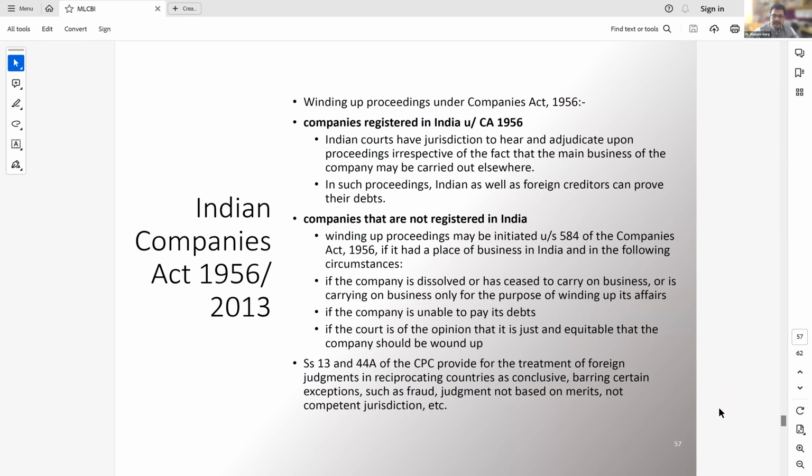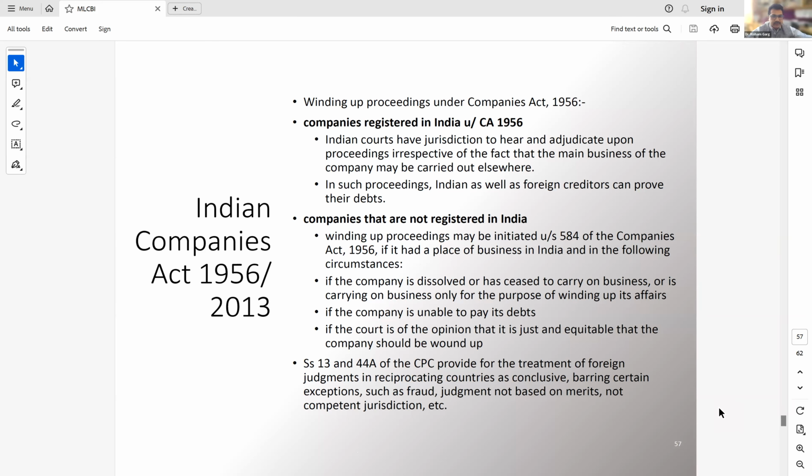Then Sections 13 and 44A of the CPC provide for the treatment of foreign judgments in reciprocating countries as conclusive, barring certain exceptions such as fraud, judgment not based on merits, not competent jurisdiction, etc. Under Section 13, foreign judgments can be sought to be recognized and enforced in India.